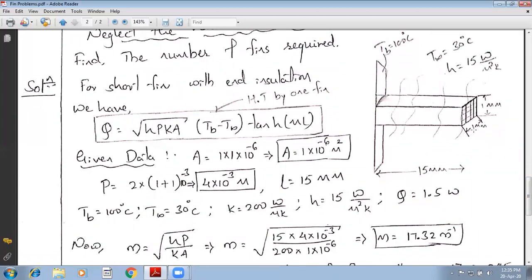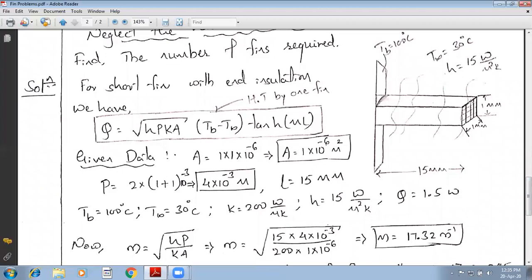And in this case, both are 1 mm. Convert them into meters. So perimeter is 2 times (1 plus 1), 2. It is in mm. Hence 10 to the power minus 3. Perimeter will be 2 multiplied by 2, 4 into 10 raised to minus 3 meters. Now the length is 15 mm given in the problem.